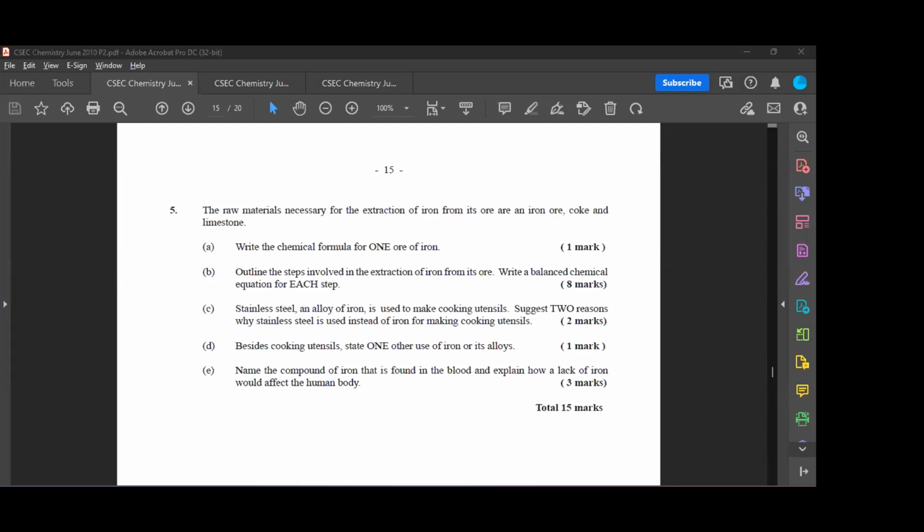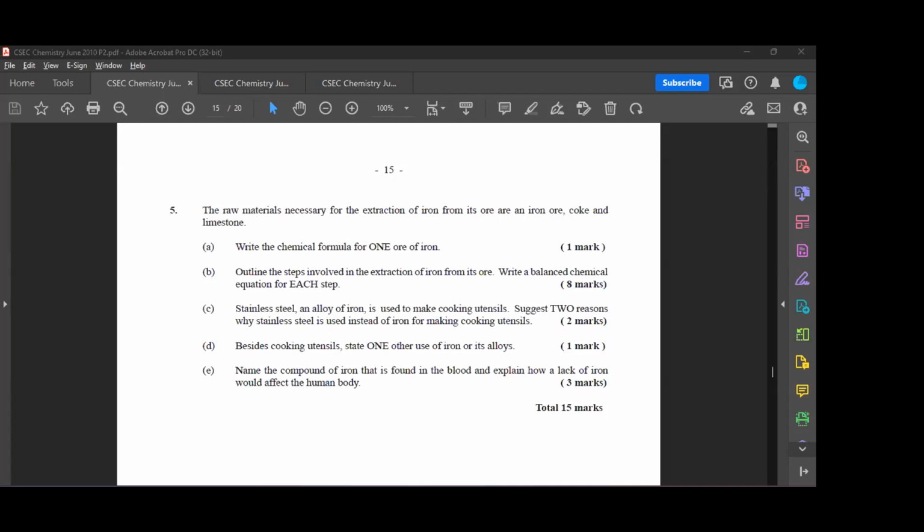Now, the 3 steps: it doesn't matter which one you use, the 3 steps are pretty much the same because it occurs in the same furnace. First, the coke is burned in air to produce carbon dioxide. Now that carbon dioxide is reduced to form carbon monoxide.